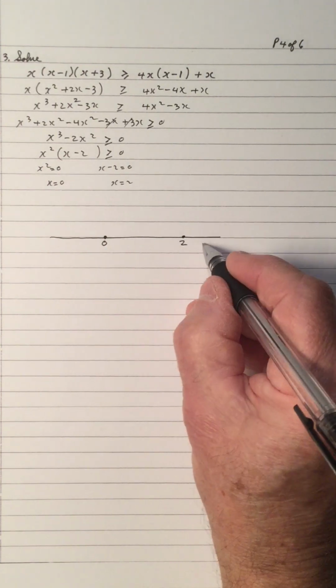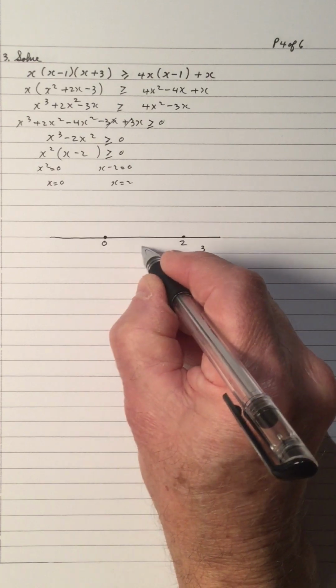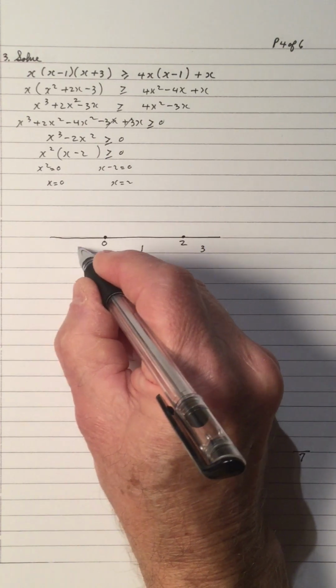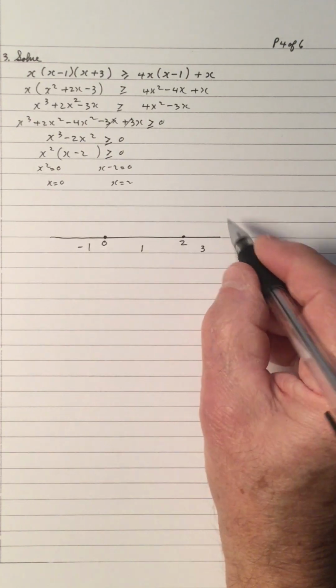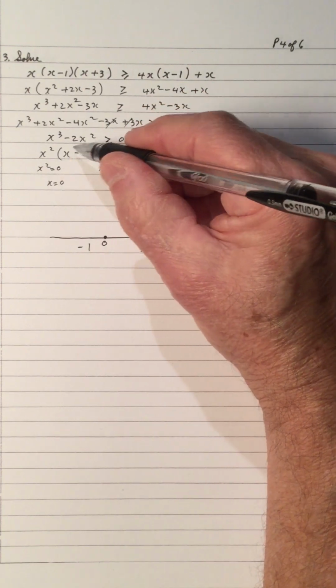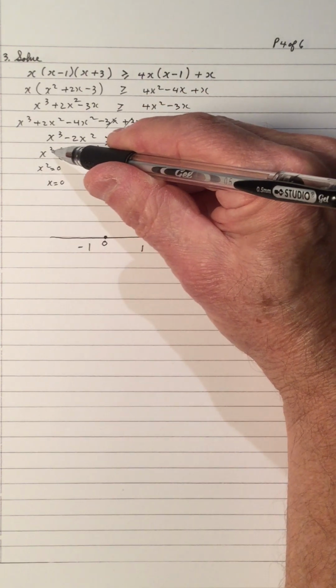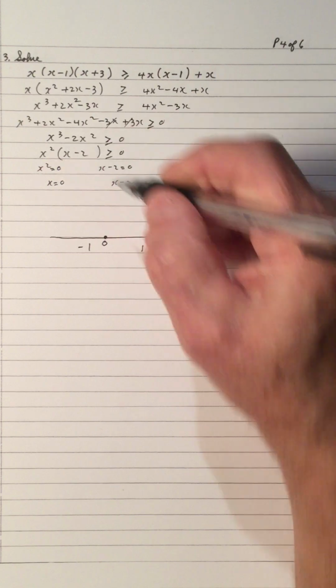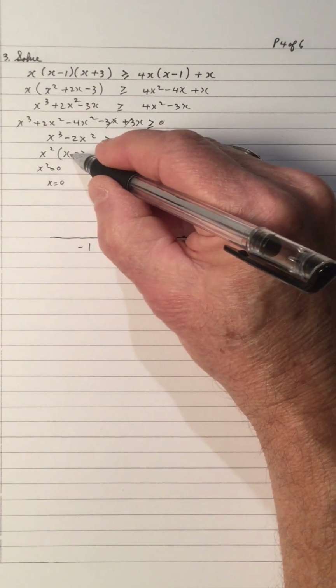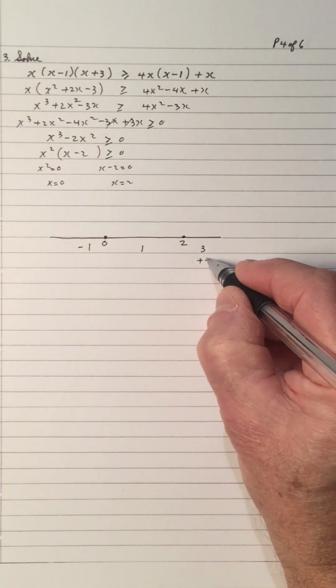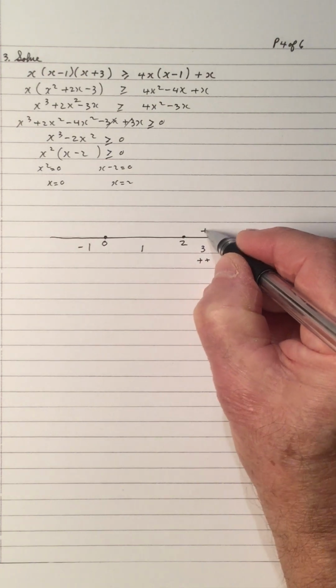And if you think about it, let's try a 3, a 1, and a negative 1. So if you take the 3 and sub it in here, 3 squared is positive. A 3 right here, 3 minus 2, is 1, which is positive. So a positive times a positive is a positive.